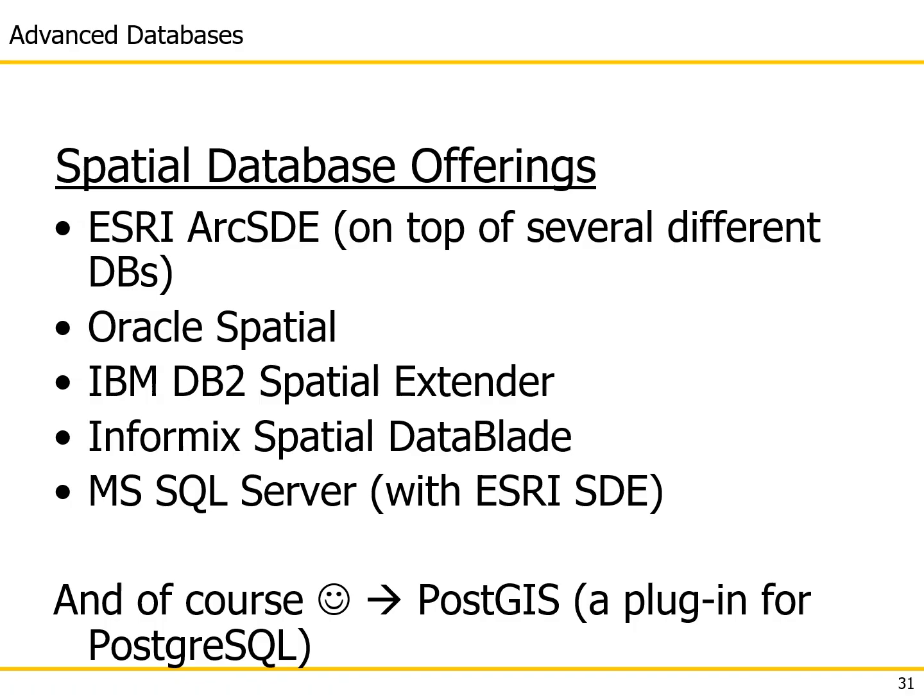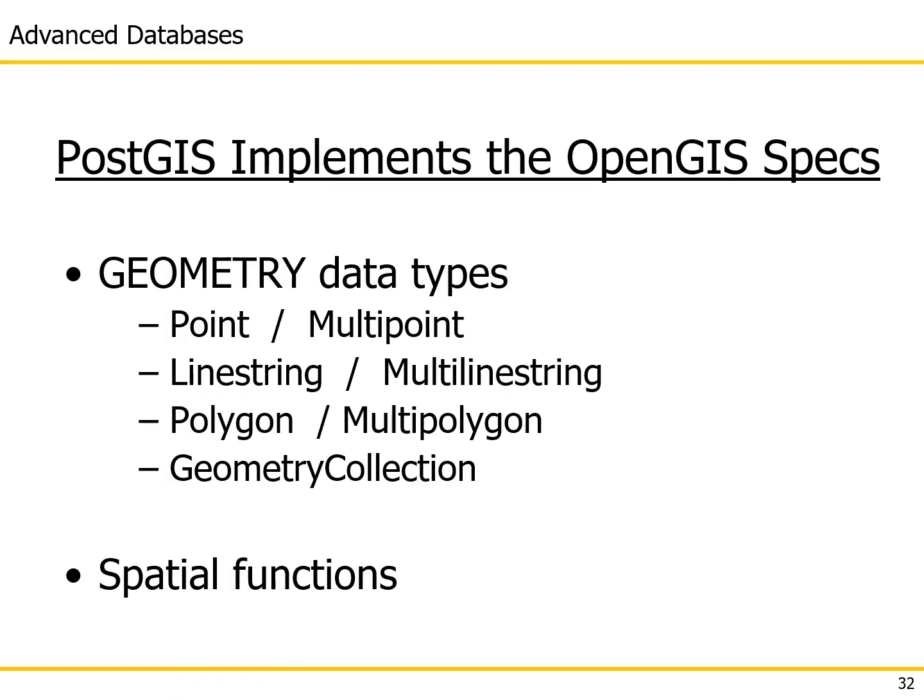Now, in our case, we're using PostgreSQL, and the most popular extension for PostgreSQL that supports spatial data types and spatial operations is PostGIS. And that's the one you're going to be using in your project. Now, PostGIS, by the way, implements an international standard. It's called the OpenGIS standard, okay? Now, it is a very rich standard.